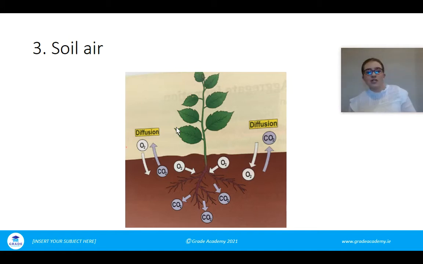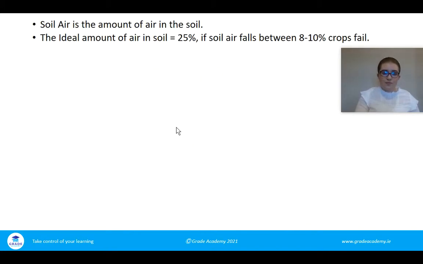So it's really, really important that air and gas can move efficiently throughout the soil, because plants need them and they need them to grow. So soil air is the amount of air in the soil, and the ideal is about 25%. If soil air falls below 10%, between 8 and 10%, crops will fail because they don't have enough carbon dioxide and they don't have enough oxygen.